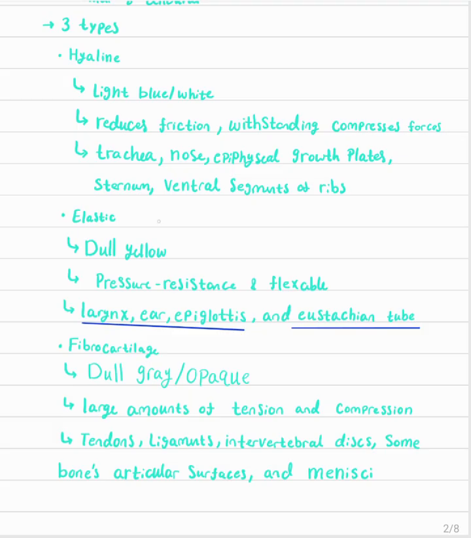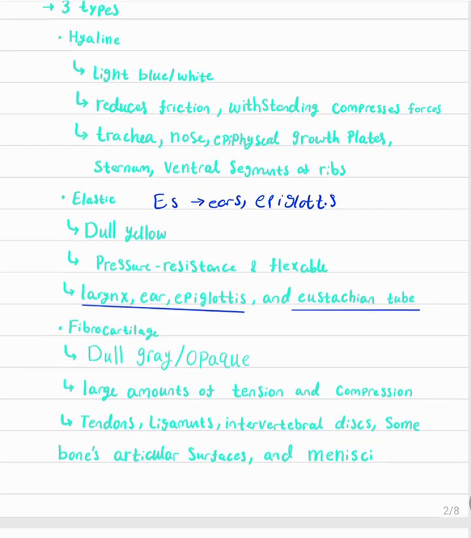And so when you think of elastic cartilage, you can think of the E's. So you can think of the ears and epiglottis and the eustachian tube. I mean, larynx doesn't have an E in it, but hopefully maybe you're only asked for 3 examples of where elastic cartilage is from.